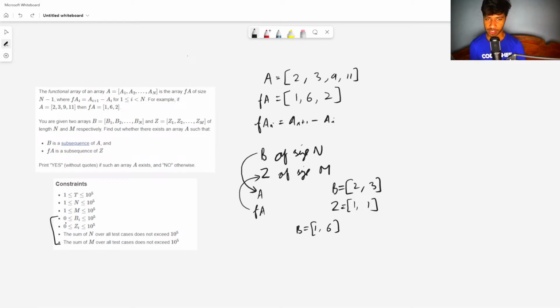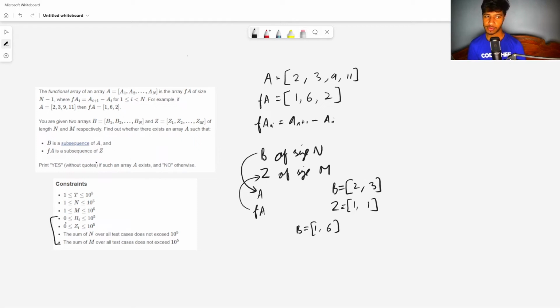So A must be non-decreasing, right? It cannot be decreasing. If A was something like 3, 2, then our f of A will become -1. But -1 cannot be inside Z because of the constraints. So A will be non-decreasing.